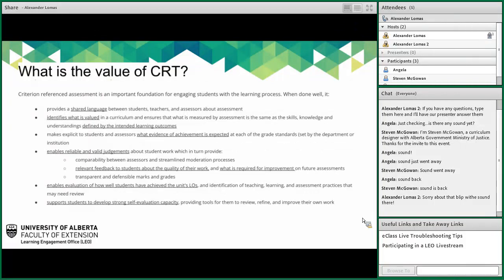So what's the value of criterion referencing? First of all, it creates a shared language. Students and others taking part in the learning actually understand what it is you want them to do, so it minimizes confusion. When you give a student a rubric, it's literally saying: if you want to wow me, make sure all this is checked off.